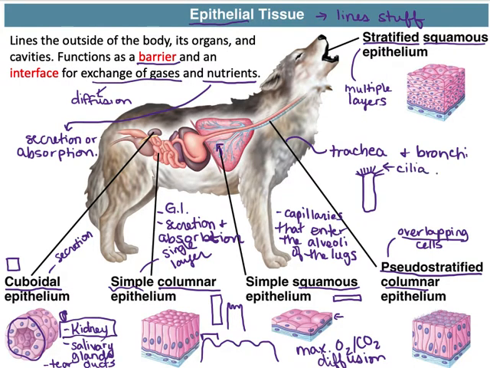And this cilia moves mucus up and out of the lungs. It's called the ciliary mucus escalator. So it moves mucus in an upward fashion to keep it out of the lungs.